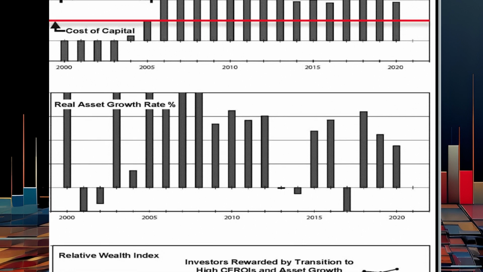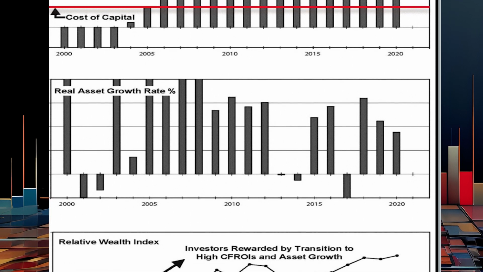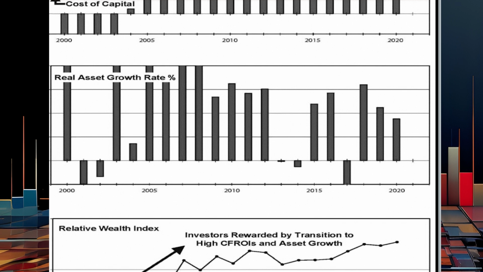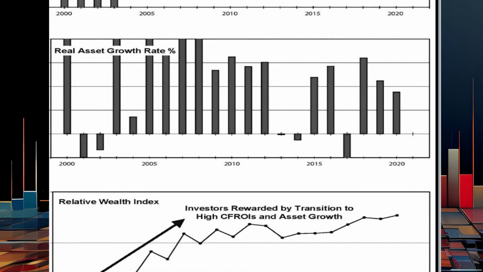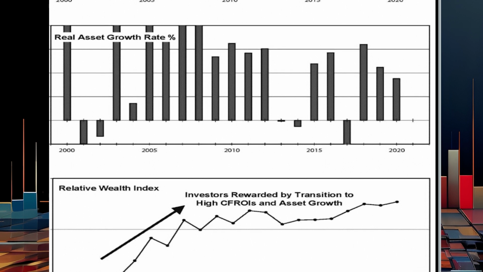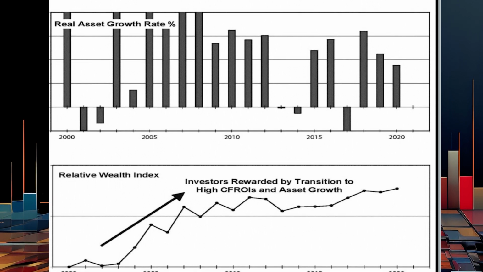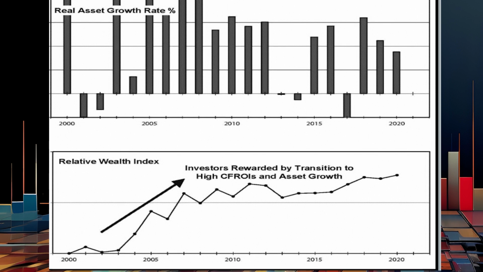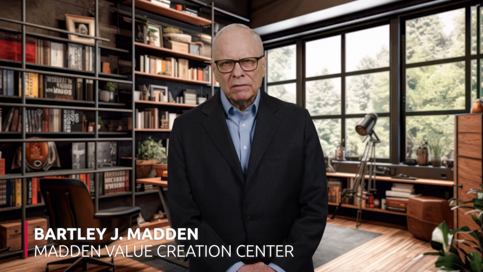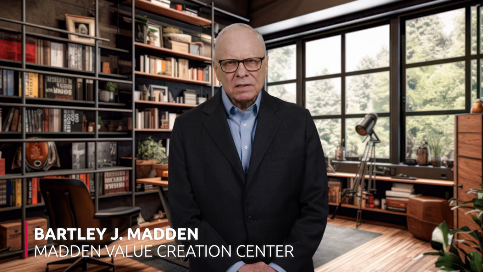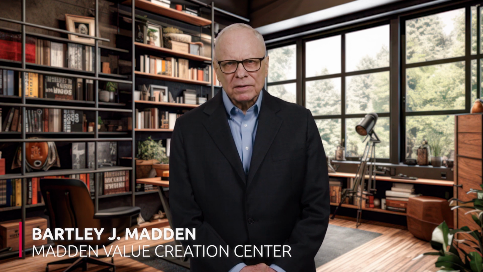Over many years, the firm delivered life cycle performance that exceeded investor expectations, resulting in shareholder returns in excess of the general market, as shown in the bottom panel, which shows a rising relative wealth index due to Intuitive Surgical's stock sharply outperforming the S&P 500, especially in the early years.